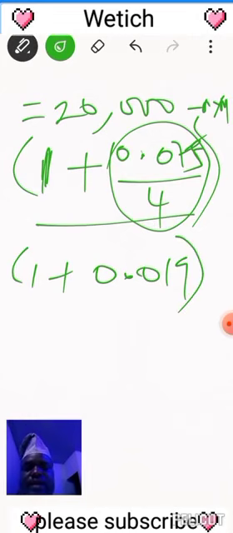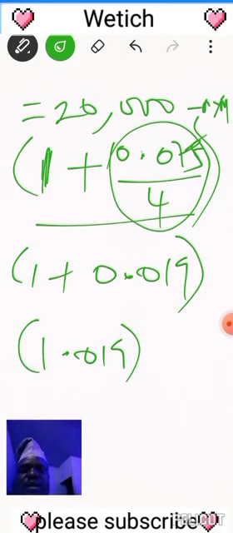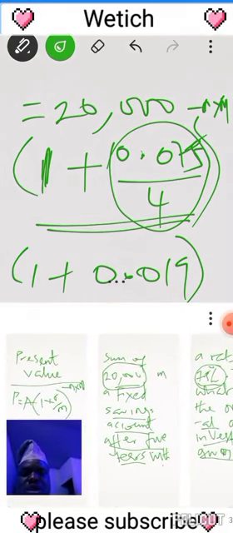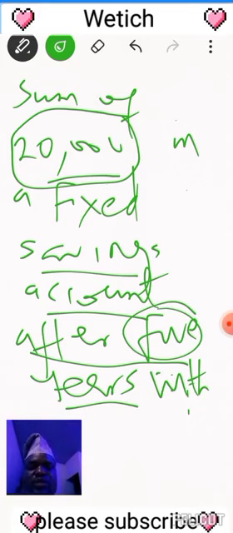So we have 1.019. Don't forget the formula: the value in the bracket is raised to the power of minus N times M. Now N is the number of years, and from our question it is a period of 5 years.